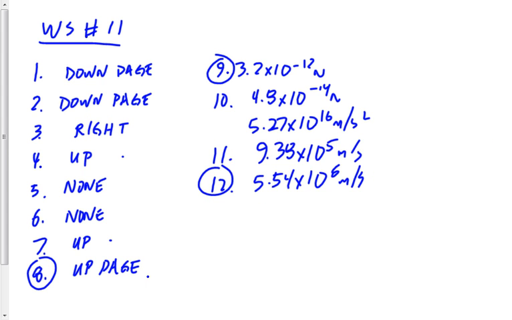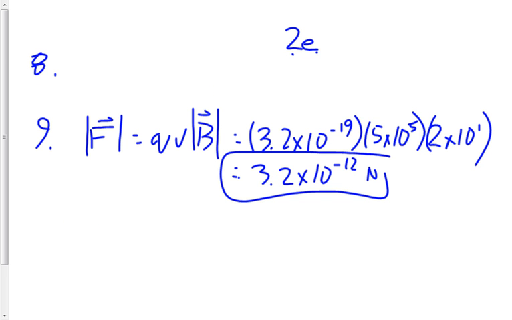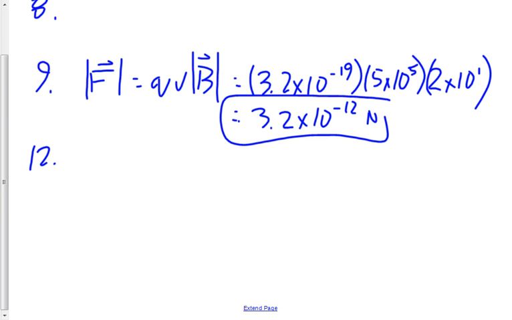Next question was number 12. Number 12 says, an alpha particle initially accelerates at a rate of 8.0 times 10 to the 13. I have something crossed out here in the question. I'm not sure if I changed yours or not. Calculate, oh, that's the problem.